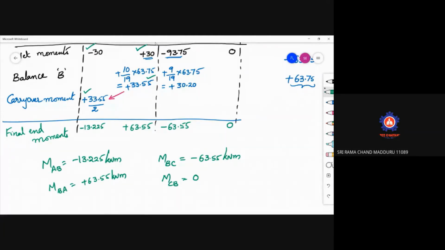And further we can draw the shear force diagram as well as the bending moment diagram.